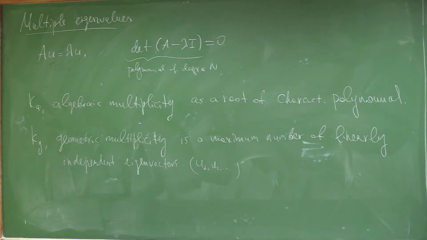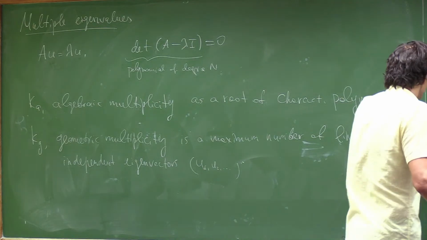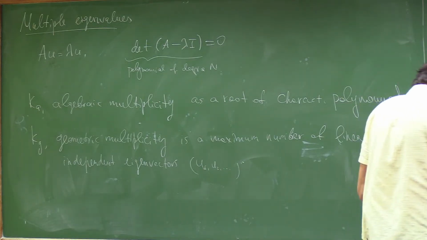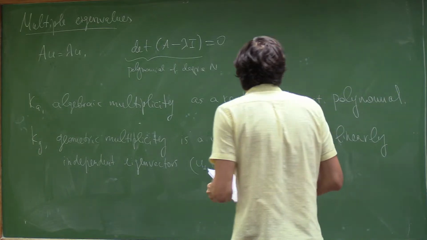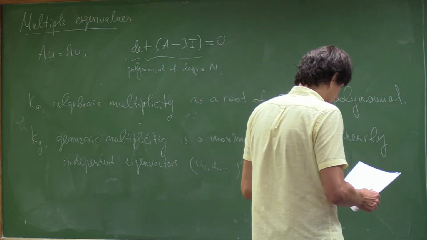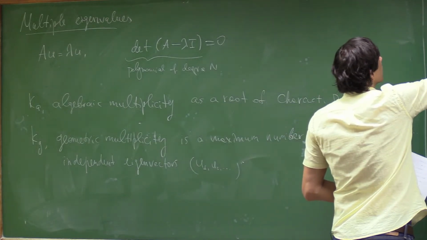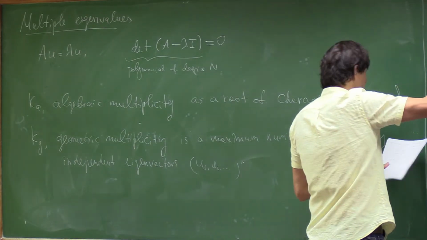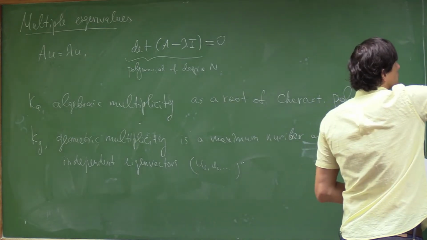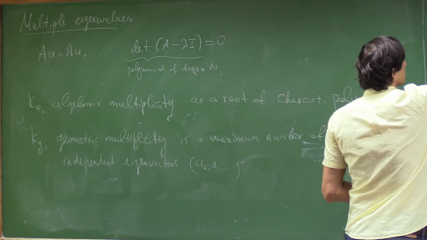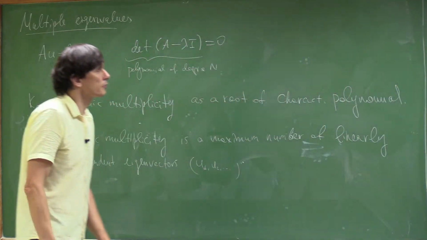So let's consider 2 examples to see that this is not always the same thing. First example: just consider a diagonal matrix with 3 on the diagonal.